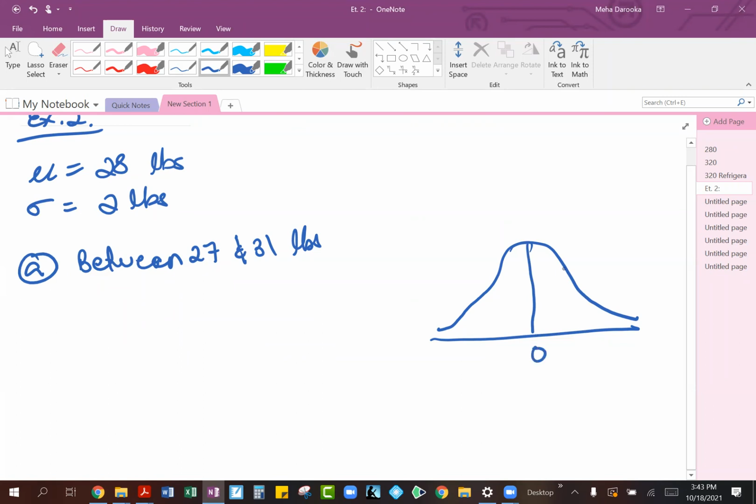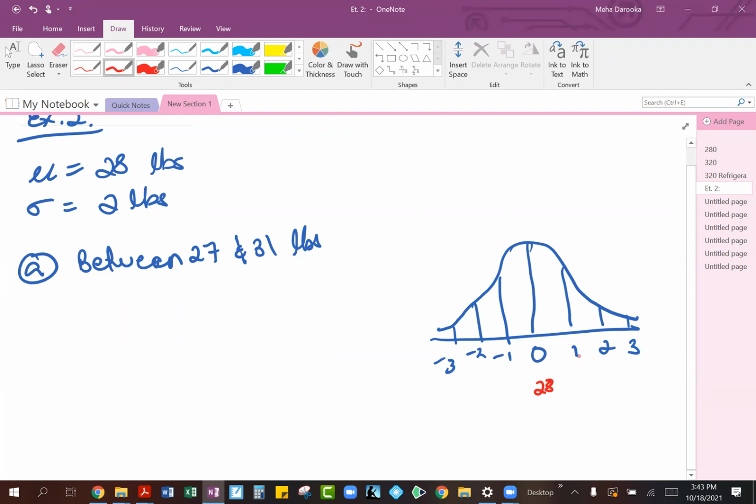And I'm actually going to do this with our standard curve and then bring in our values for this particular example. So our mean is at 28 pounds, just like we did in the previous example. So based on this one, we know our mean is at 28 pounds, with 2 pounds of standard deviation.